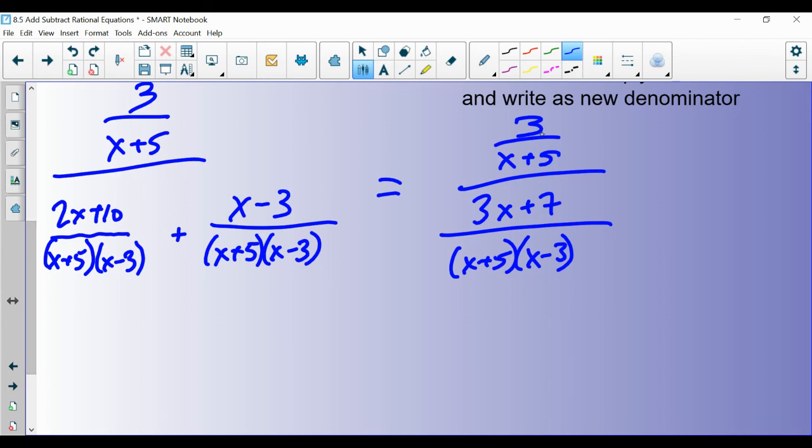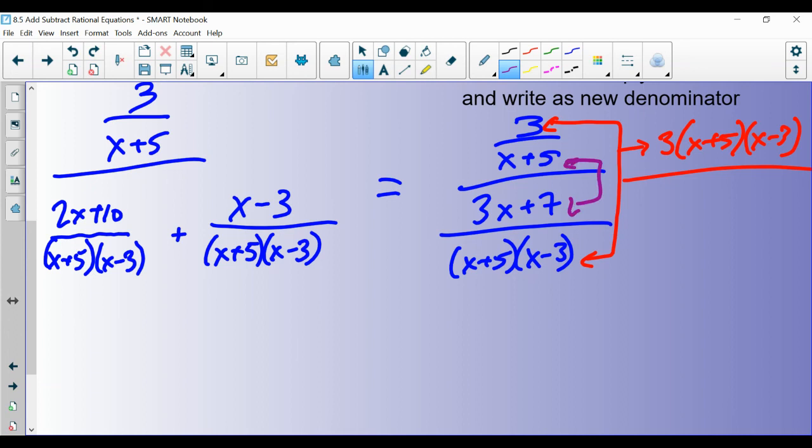Now I have a fraction that is being divided by another fraction. So all you do, once you're here, is take the numerator and denominator and write those together up top. 3 times x plus 5, x minus 3. And that is going to be divided by, now these two get multiplied together and written in the denominator, x plus 5 and 3x plus 7.